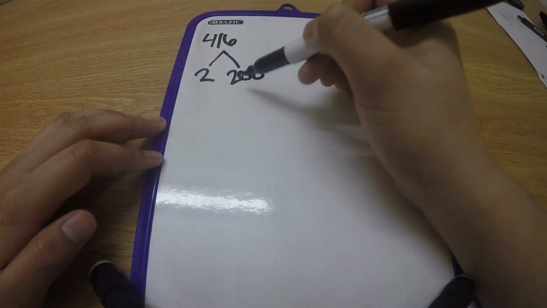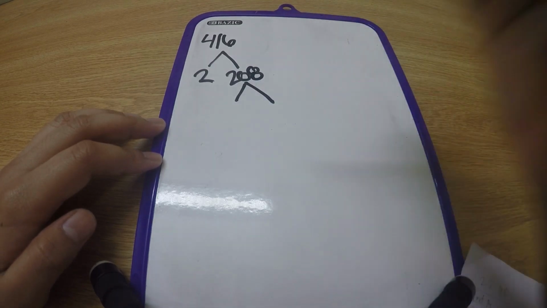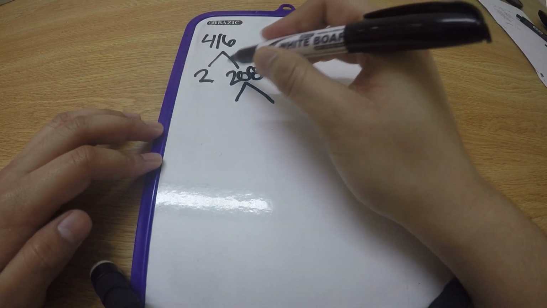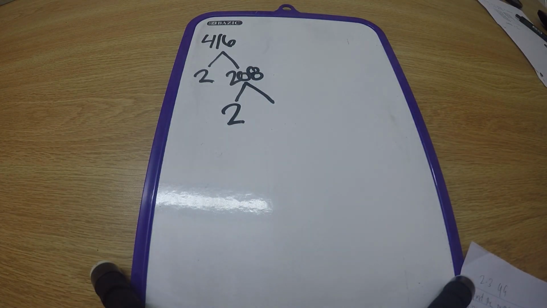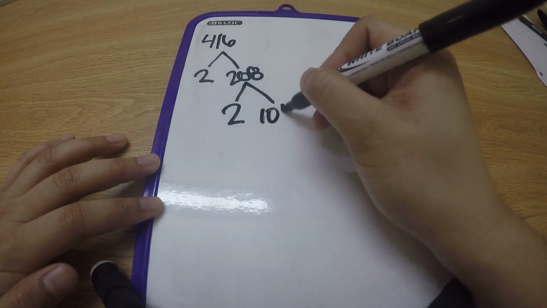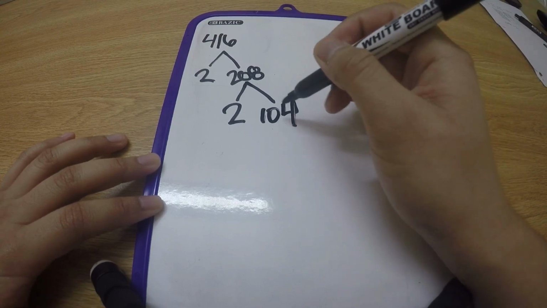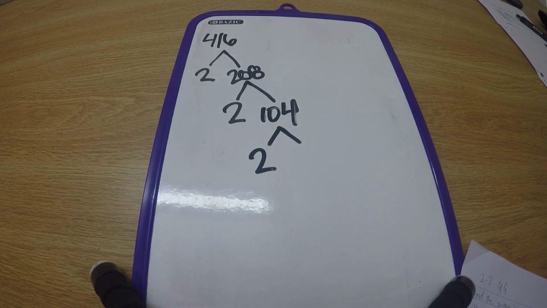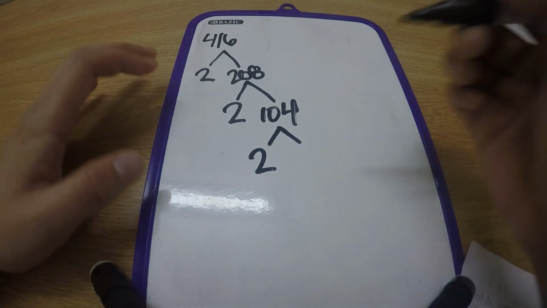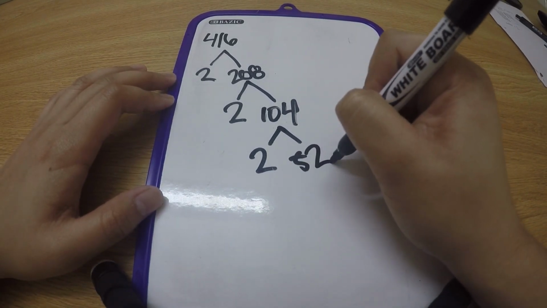And then you go on, this is divisible by 2. So 208 divided by 2 is 104. And 104 is still divisible by 2, so you divide it by 2, which is 52.